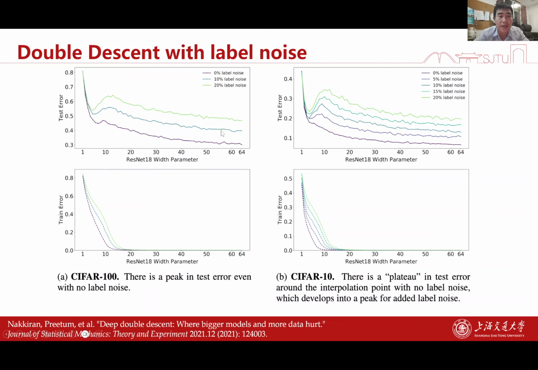Okay, now if we add label noise, for example 20% label noise, you can see there is a clear double descent phenomenon. Also for this one, this is for CIFAR-100 and for CIFAR-10. So we can see that label noise looks very critical to practical datasets.